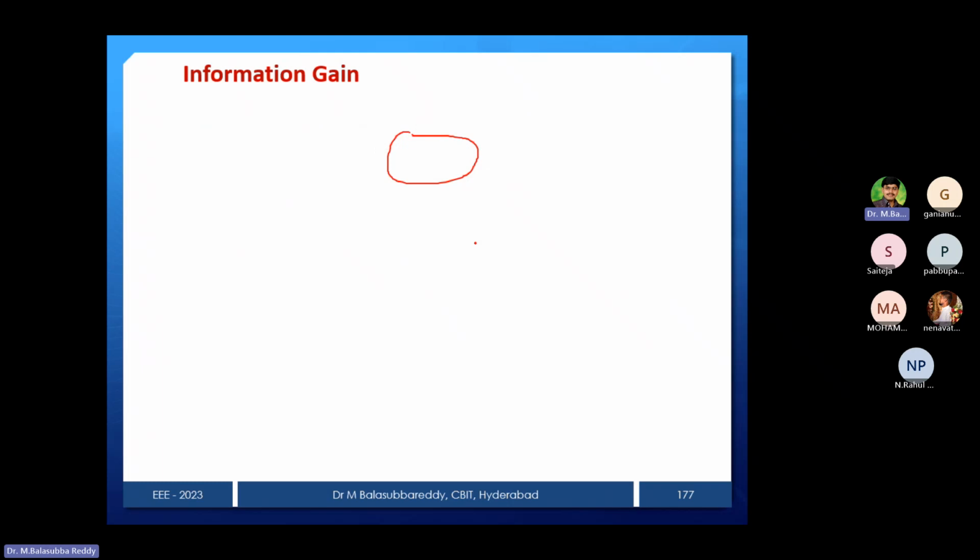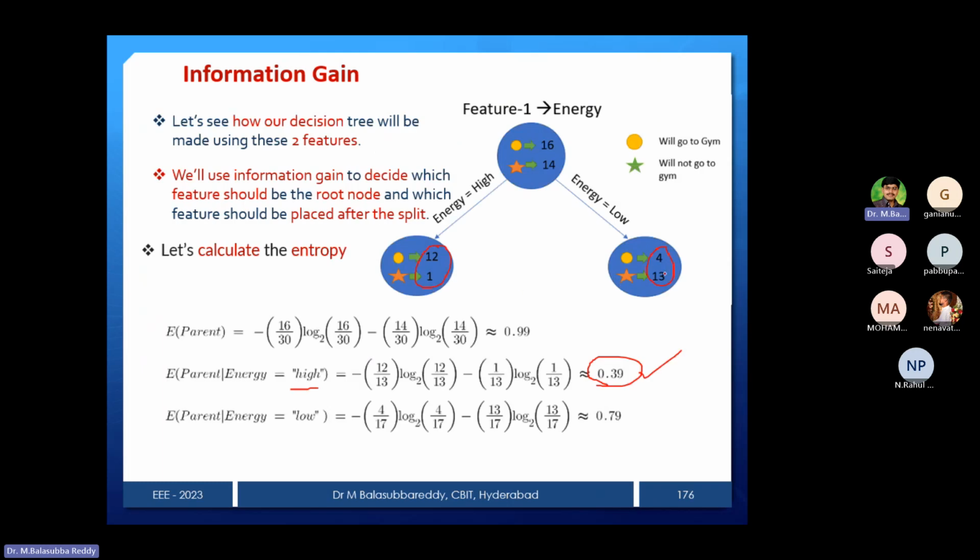The rest is 17, because 13 plus 4 is 17. So 17 by 30 multiplied with the entropy for low, which is 0.79.